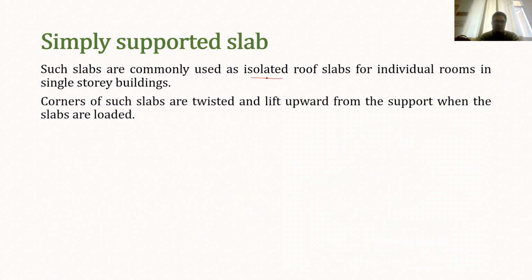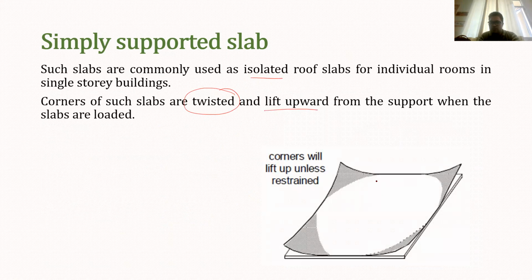So basically, in the case of simply supported slab, when load comes on the slab, the corners of the slab are twisted and also they lift upward. So something like this. When load comes at the center, then these corners will lift up. If we don't provide any provision against this lifting, then we call the slab a simply supported slab.